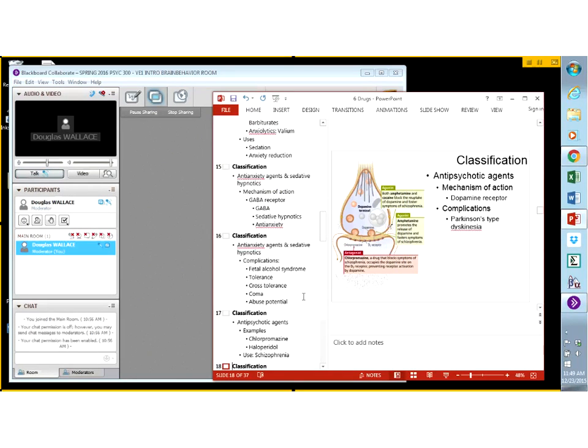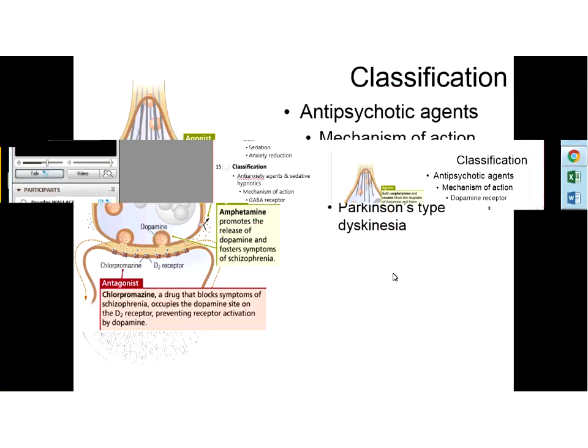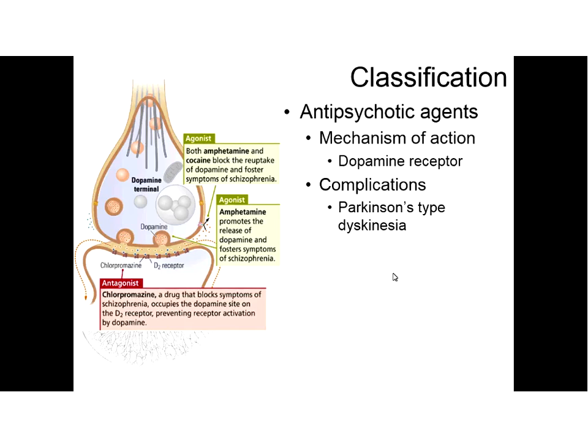So we're back here talking about these antipsychotic agents and their mechanism of action, and that they influence function at the dopamine receptor. They basically are dopamine antagonists. Because you're blocking dopamine at this receptor, you're going to see some of the symptoms associated with Parkinson's disease.